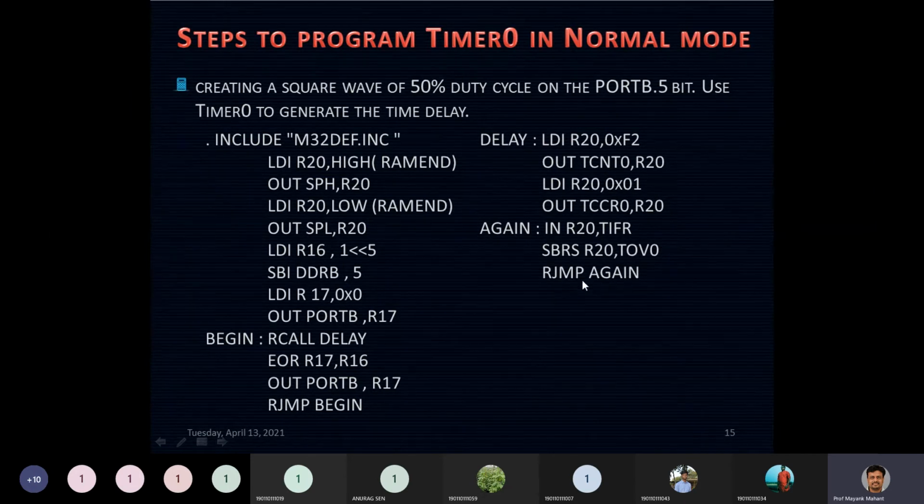After the TOV flag is raised, the RJMP instruction would be skipped, and you will come over here: LDI R20, 0x00. You will stop your timer by loading the 00 value in your TCCR register. Then you will clear your TOV flag in your TIFR register by loading a value to it.